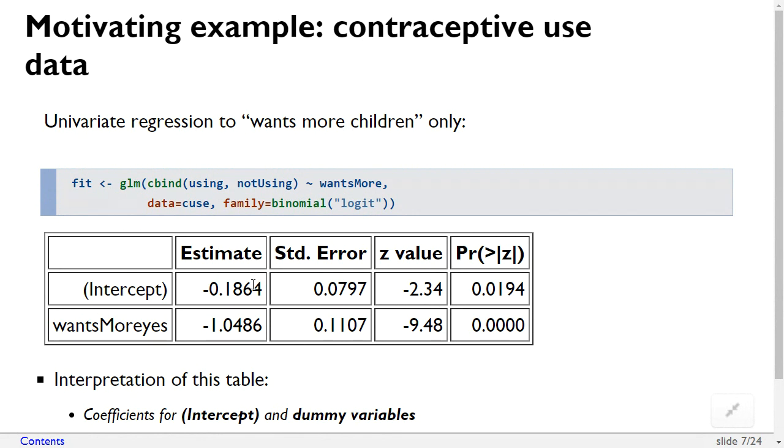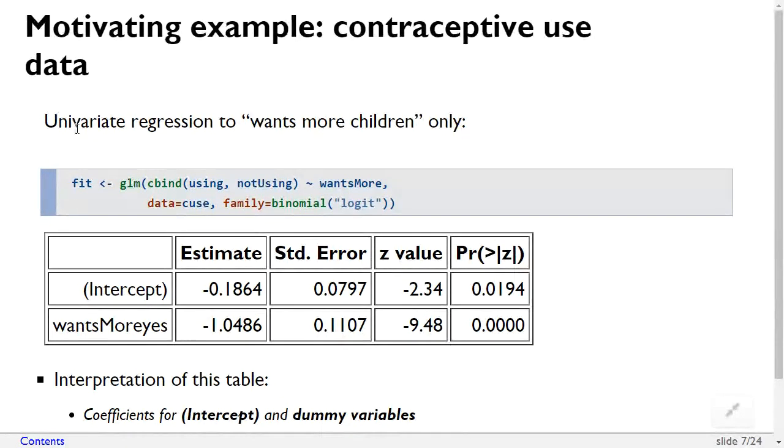The odds of those who do not want more children using contraception is less than 0.5. Their probability is less than 0.5 and their odds are less than even.